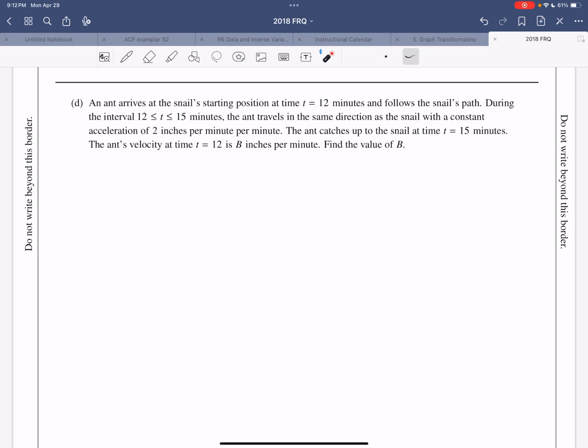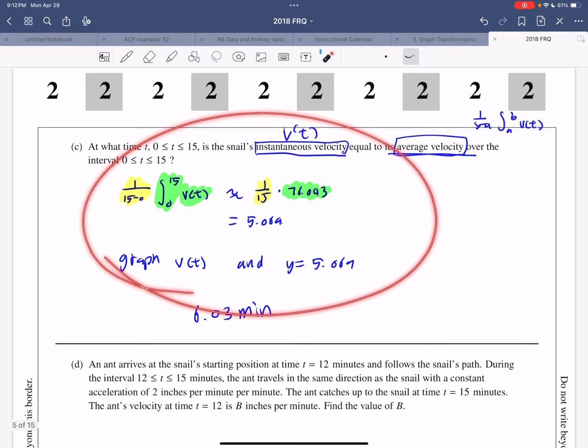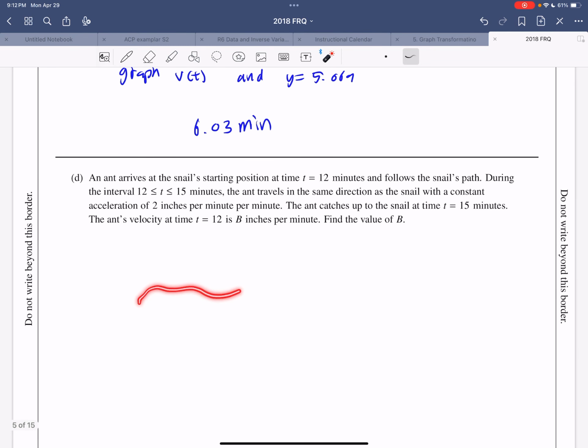Now there's a snail, a slow snail, and it is moving, but then an ant arrived. Starting at time 12, the ant started chasing the snail, and within 3 minutes the ant caught up.